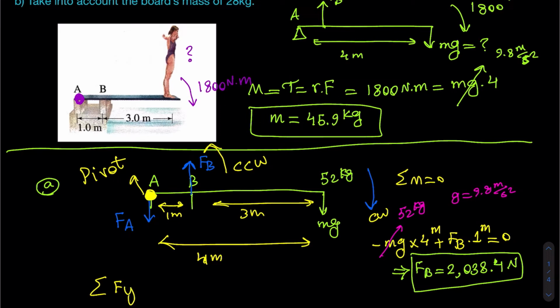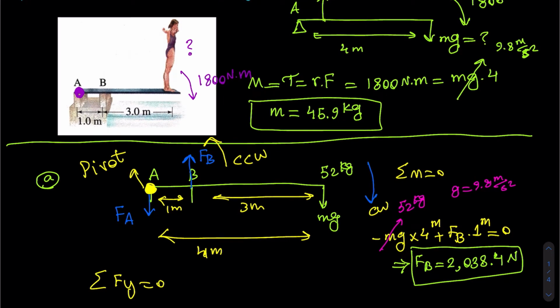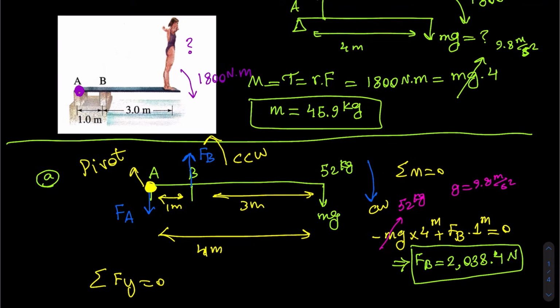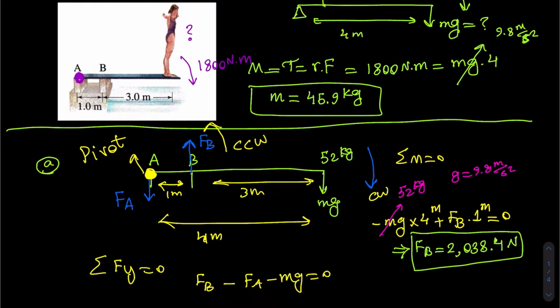Sigma Fy must be equal to 0, right? Therefore, forces heading up, positive, forces heading down, negative. Therefore, FB minus FA minus mg must be equal to 0.